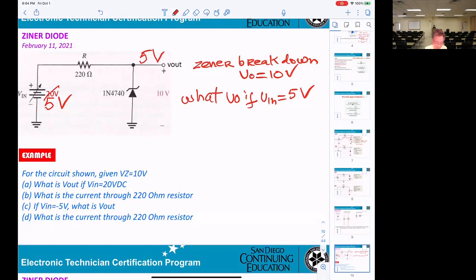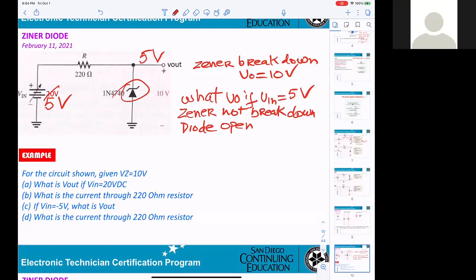And Zener not break down. So it looks like Zener open. So that looks like they open here. Right. So that's why VL equals 5 volt.